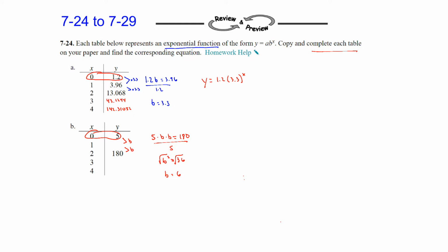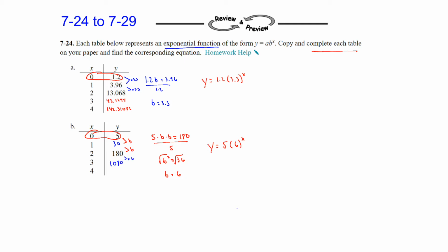So b is equal to 6, so now we have the multiplier, and we have the initial, so we can write the equation. Y is equal to the initial of 5 times the multiplier of 6 raised to the x power. Alright, and now we can finish filling in the table as well. 5 times 6 is 30. 30 times 6 is 180. 180 times 6 is 1,080.